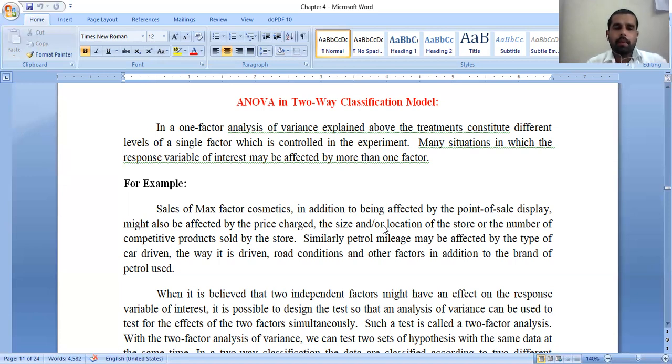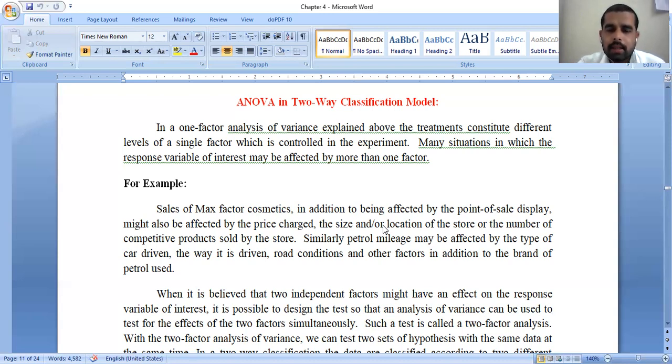You can get petrol from any store, but finally you are using it for your bike or your car, and the engine starts. The aim of petrol is to start the engine and move it. But in this example, petrol mileage may be affected by the type of car driven, the way it is driven, the road condition, and other factors in addition to the brand of petrol used. These are the different factors.